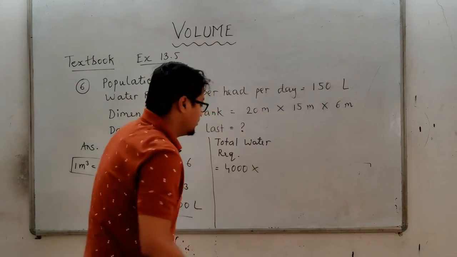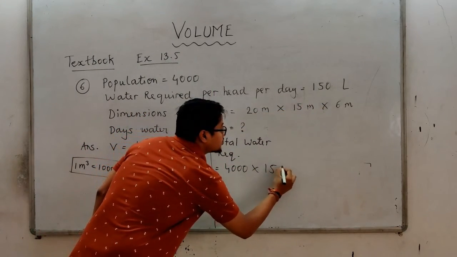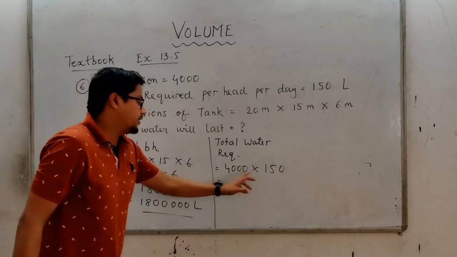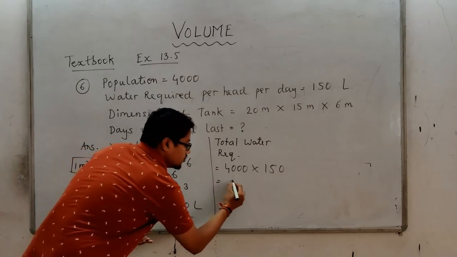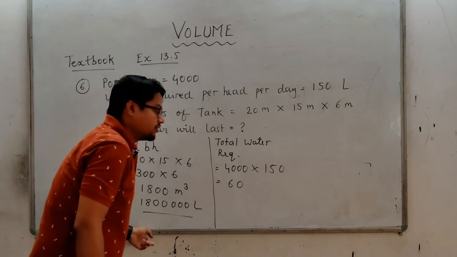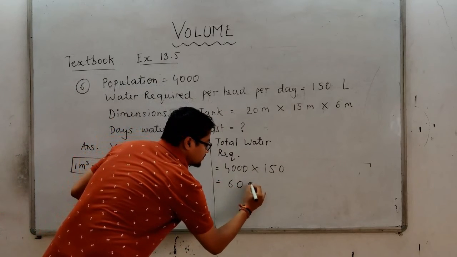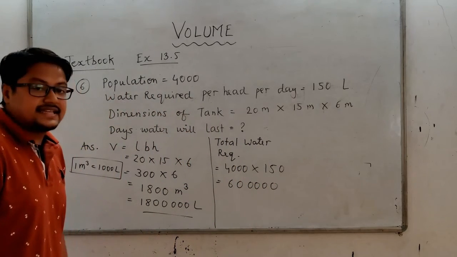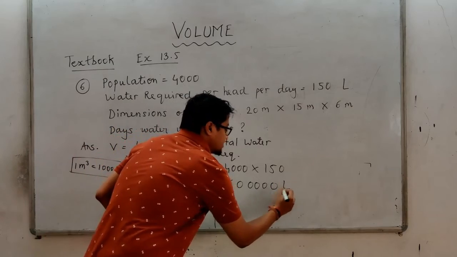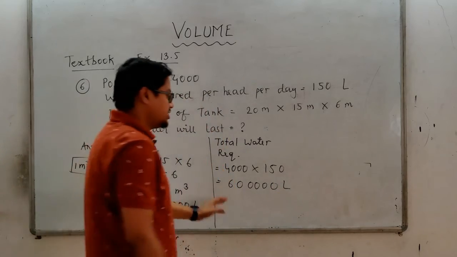That is 150. Now 15 fours are 60. So the entire water requirement will be 6 lakh liters of water per day. So this is the water required by the village each day.